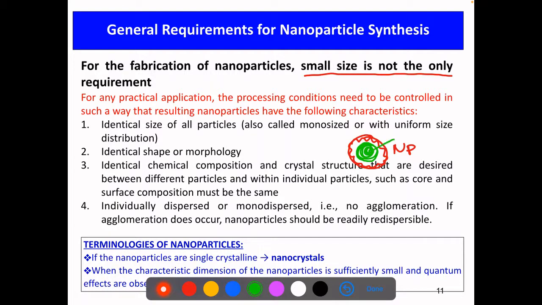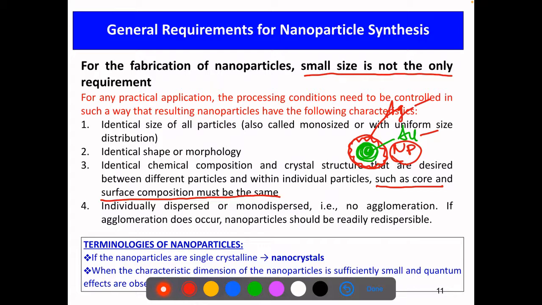Okay, let's say this is, I don't know, this is gold and this is silver. Okay, so whatever result you obtain, you think that it belongs to your nanoparticle, but is it because of the gold or the silver? Okay, so that's why it's called such as a core and surface composition must be the same. Okay, it can't vary, otherwise you won't be able to control what you're doing with your material in your application area.